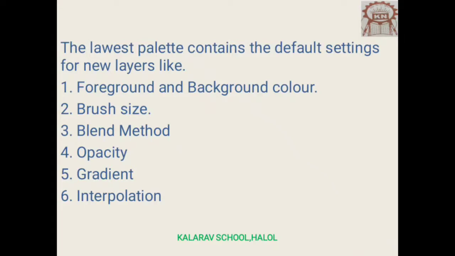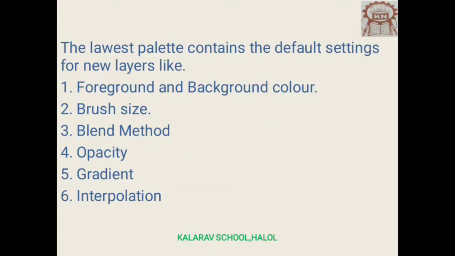Brush size. You can change the size of the line which you draw with the help of the brush. Blend method. You can set the blend method by layer default. Opacity. It controls the layer's visibility. Means 0 displays the layer is invisible and 1 displays the layer is visible.